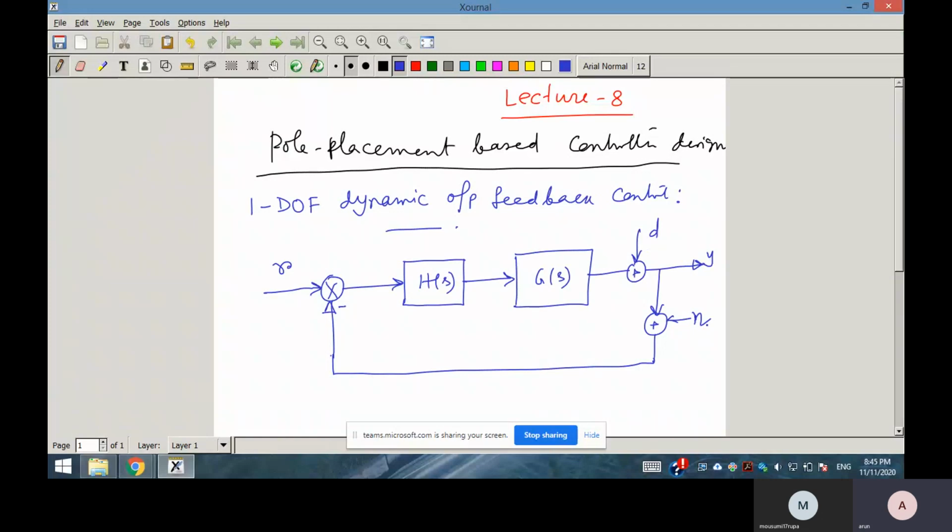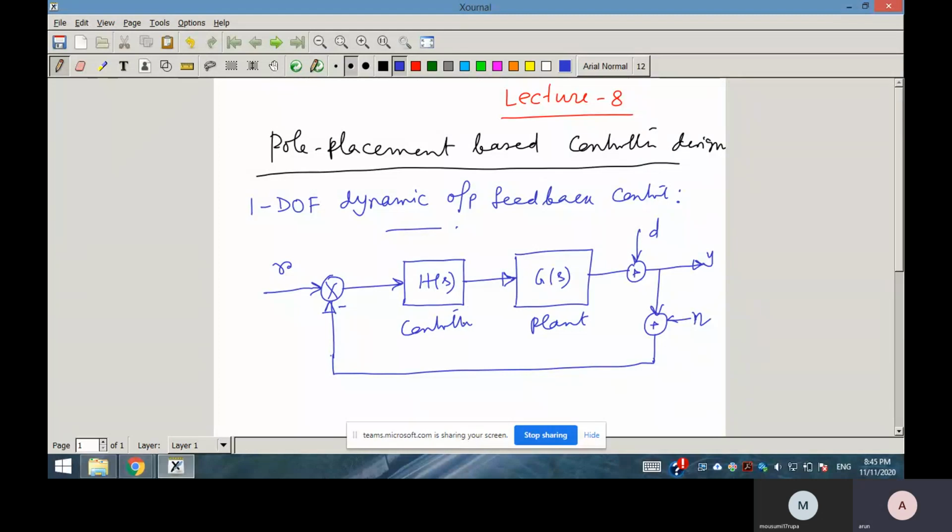Eta is your measurement noise, which is a high frequency signal compared to the system bandwidth. System bandwidth means the bandwidth of the closed loop system. Here this is your plant and this is your controller.